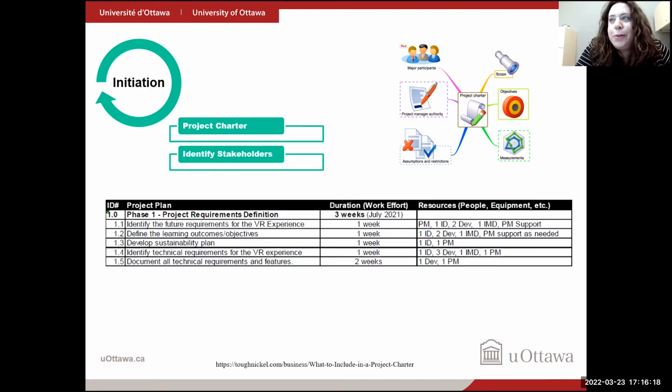Also helps with scope creep because all these details become part of your project charter. And you can always refer back to that: we have this common agreement up front that these were the things we would deliver. And that just becomes your roadmap to refer back to.